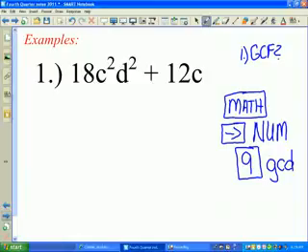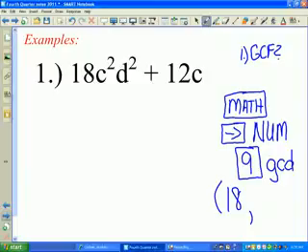What do they have in common? So for us right now, we have 18 and we have 12. They already started off with a beginning parenthesis. You're going to type in 18, and you're going to have to put the comma in. The comma is the button just above the number 7.